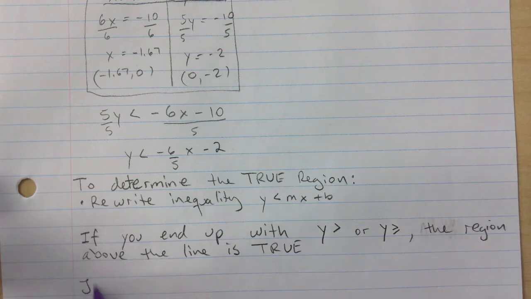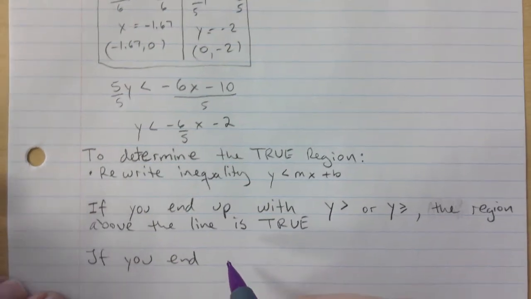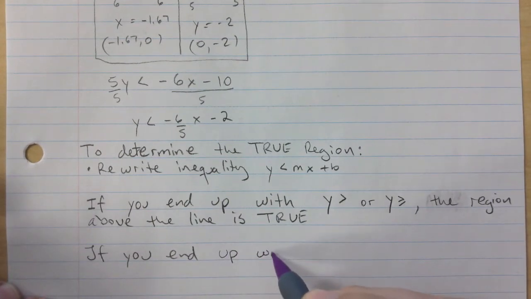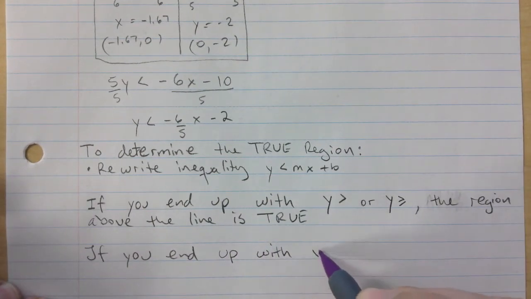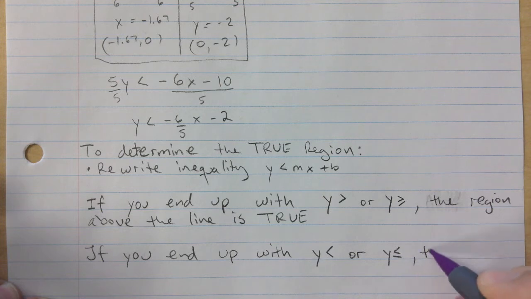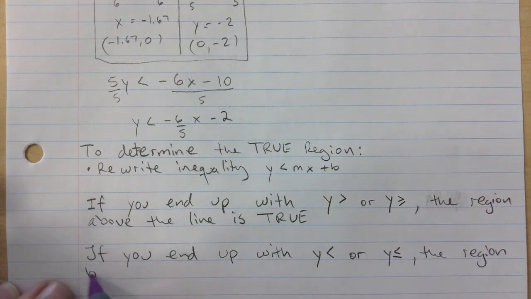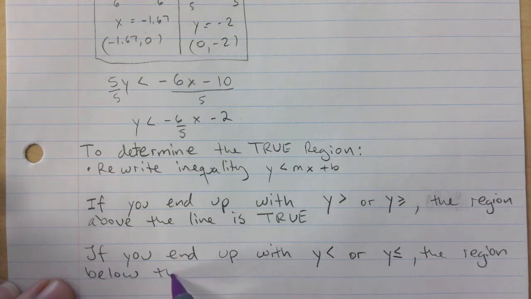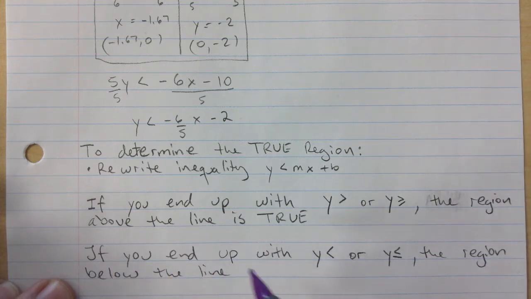Right? If you end up with y is less than or y is less than or equal to, the region below the line is true.